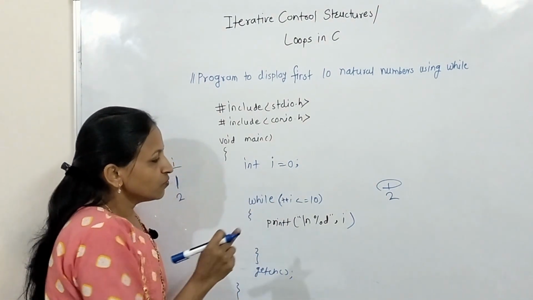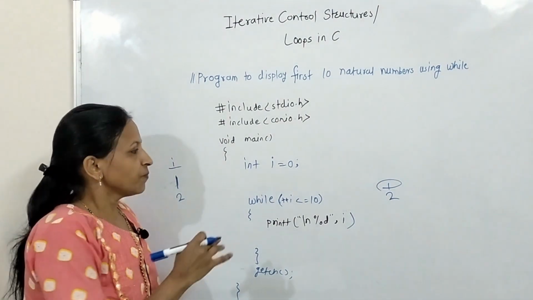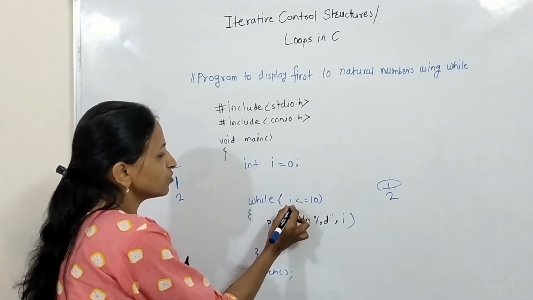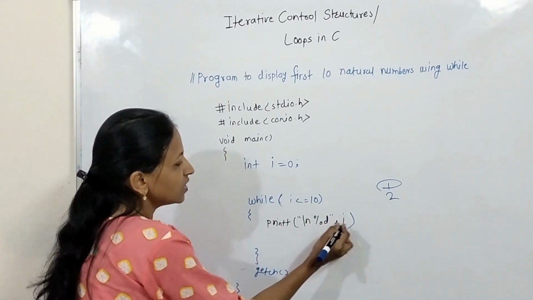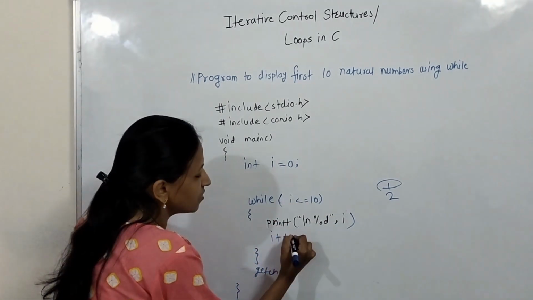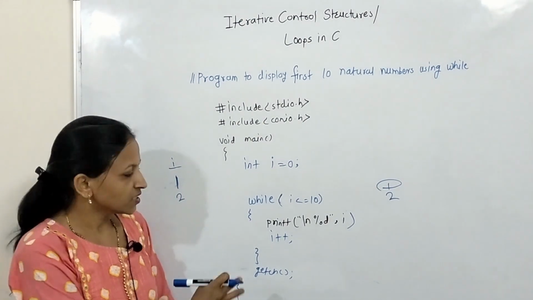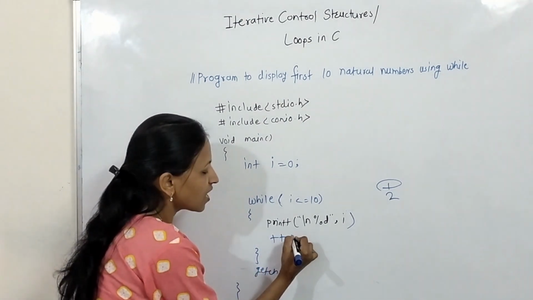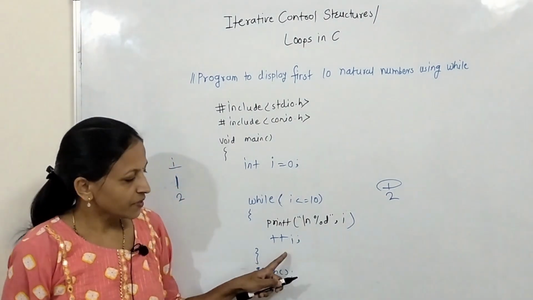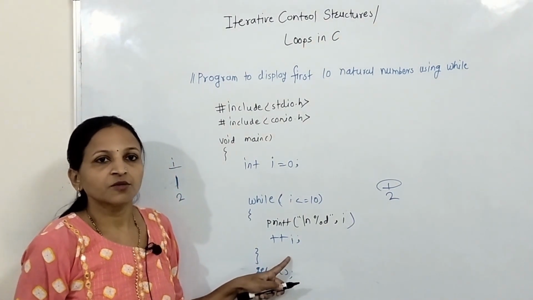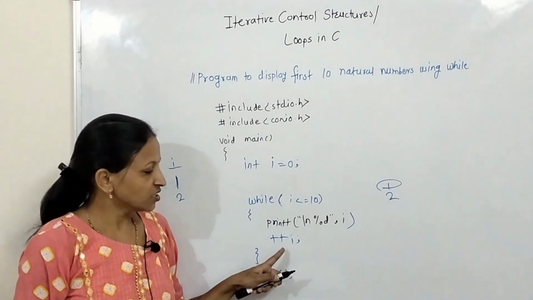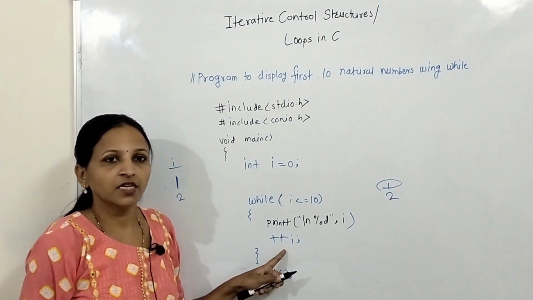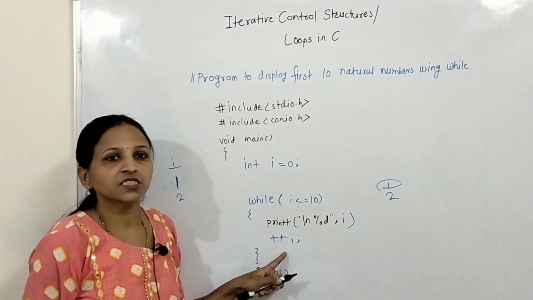Getting it? Now one more point, just keep in mind that you can write normally as usual, I equals 0, while I less than or equal to 10, and just I plus plus here. Instead of writing I plus plus, you can also write plus plus I. Plus plus I means pre-increment, but if you are using I plus plus or plus plus I individually, then it will not change the meaning.